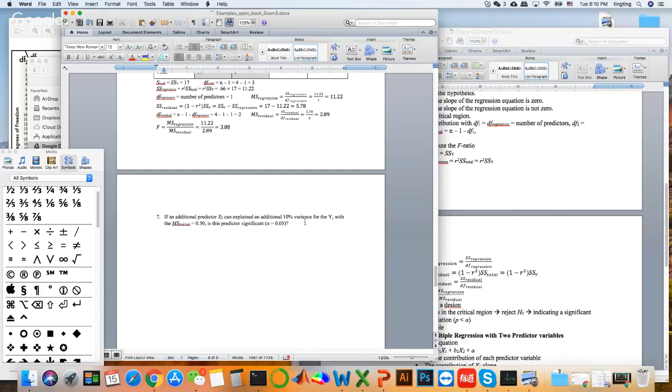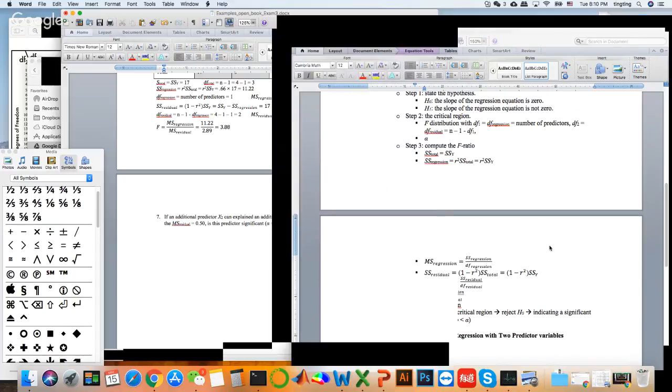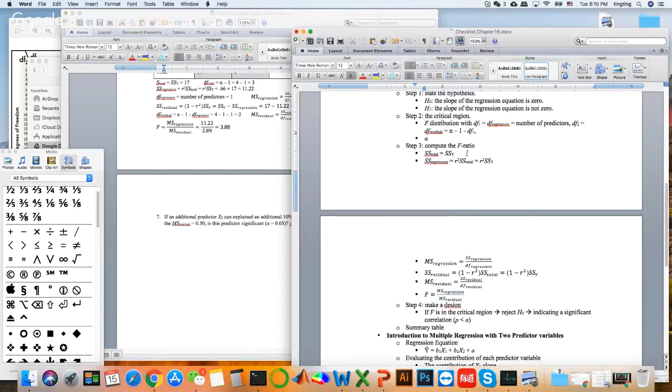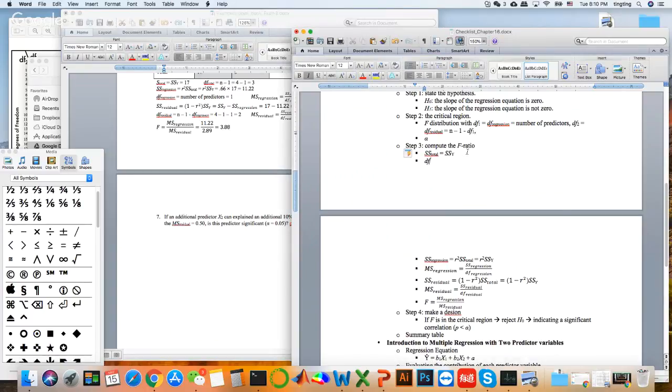For this one, you can find the answer at this page, this part.